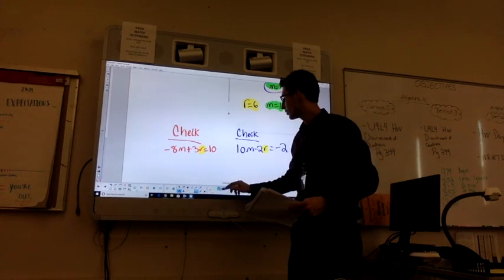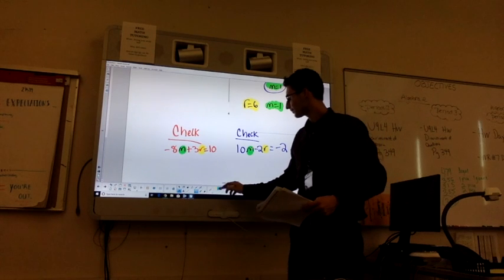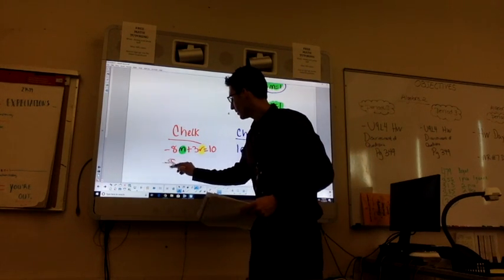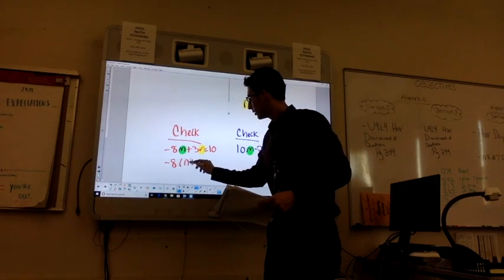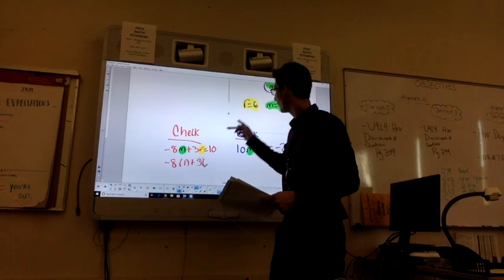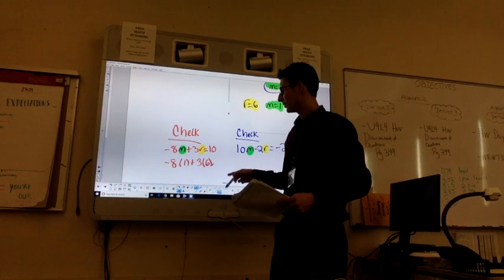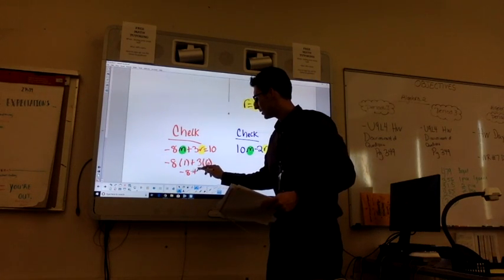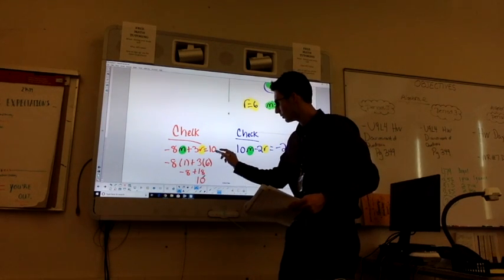And m is 1, so 1's going to go there, and 1's going to go there. Simplifying this, negative 8, again, m is 1, negative 8 times 1, plus 3 times 6. Is this equal to 10? Well, negative 8 plus 18. Does that equal 10? It does. 10 equals 10.